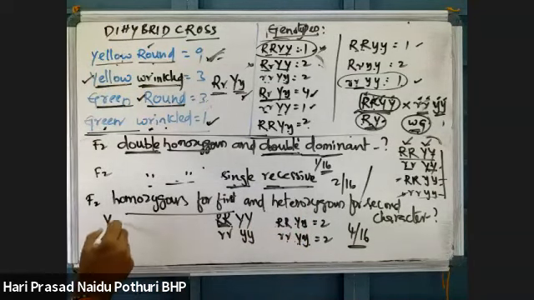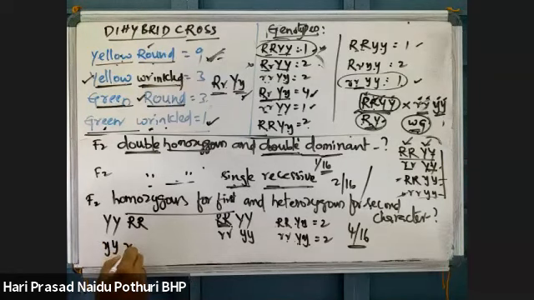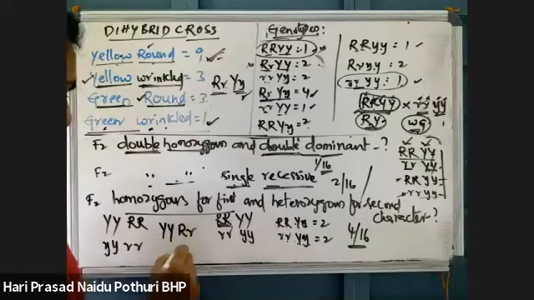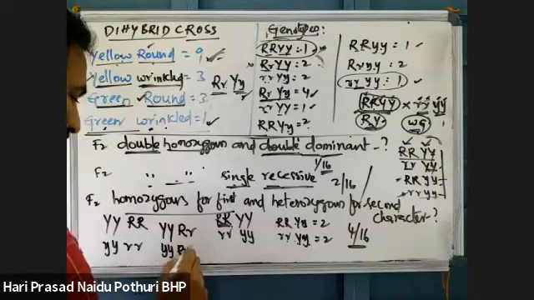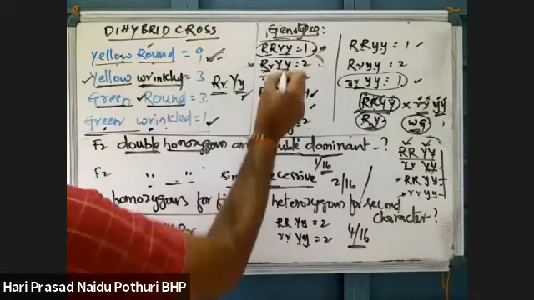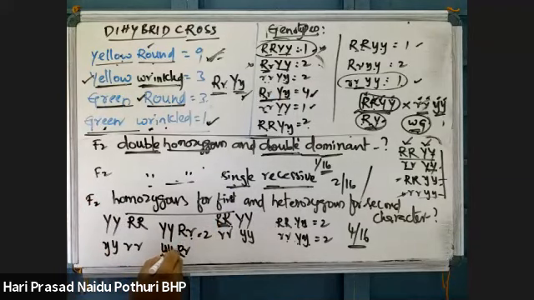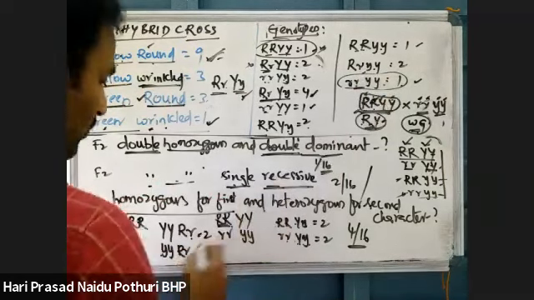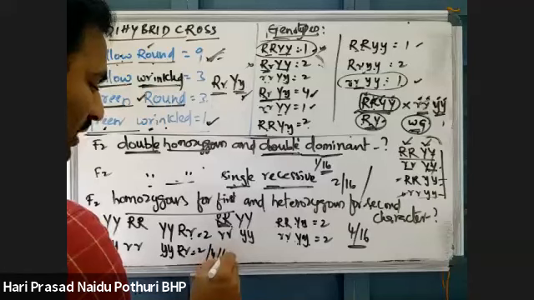Otherwise, if you take this one as first, this one as second, then also same will come. Capital Y, capital R, small r. Small y, capital R, small r. Capital Y, capital R, small r. See, 2. Capital Y, small y, capital R, small r. Where is it? This one, 2. 4 by 16 only comes.